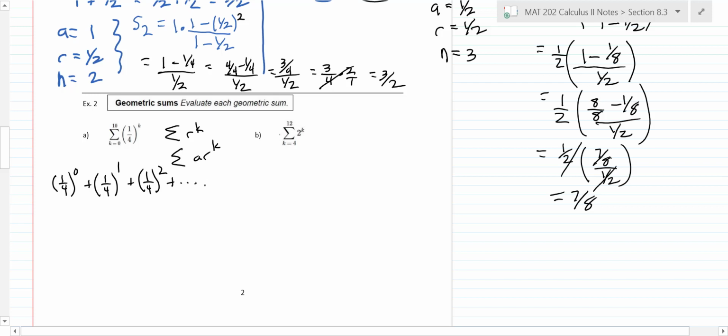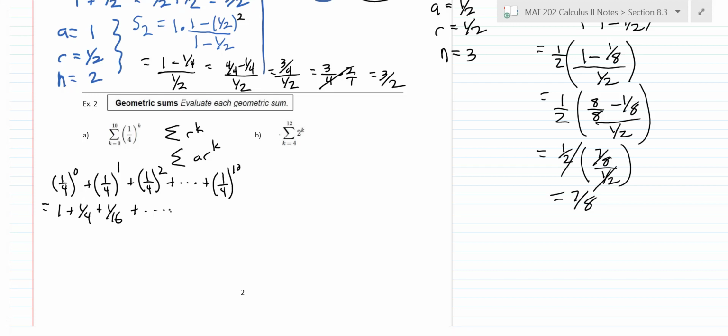And then you would eventually get up to k is 10, so you'd have 1/4 to the 10th power. Now, if you're finding the sum, you don't have to do that. I just want to have you do that, though. So that'd be 1 plus 1/4 plus 1/16, and so forth. I'm not going to even bother working out 4 to the 10th. I just want to make sure that you guys understand how I write the terms out. Is that clear with everybody?